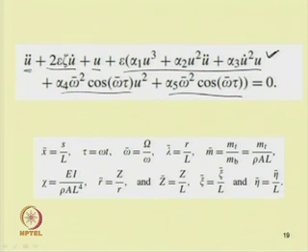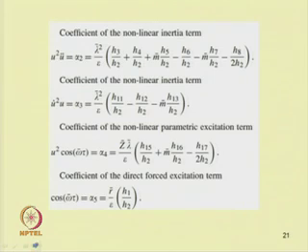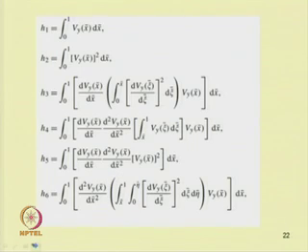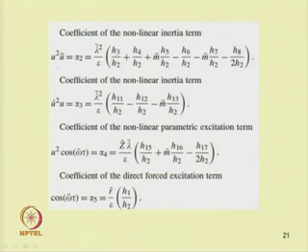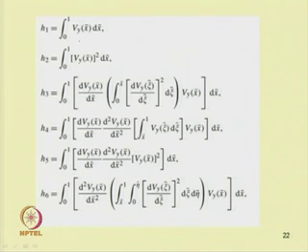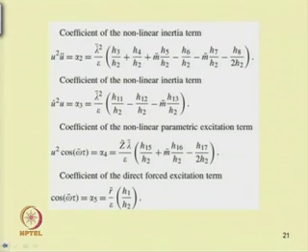The coefficients of the nonlinear terms can be obtained from these expressions, where one can find the coefficients alpha 1, alpha 2, alpha 3 by integrating these terms. These integrations are functions of the shape functions. After finding the coefficients, one can use the ordering technique to order the nonlinear equation of motion.